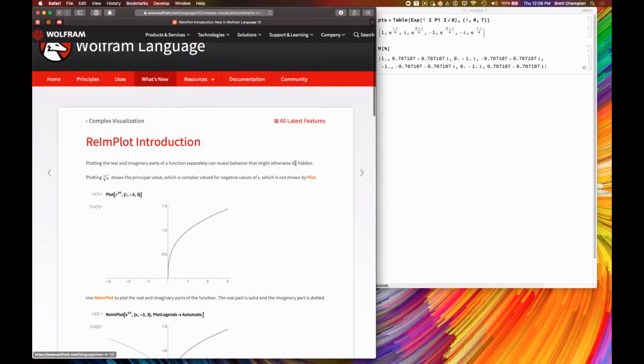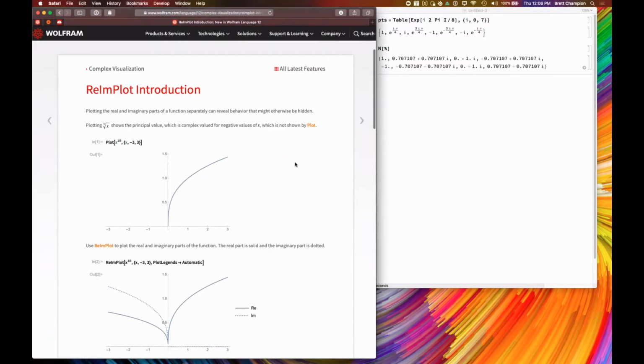And so this is a fairly common experience that people have, that they plot x to the 1/3 from -3 to 3, and they only get half of the plot that they're expecting. The reason for this is that x to the 1/3 isn't the cube root that people are thinking of.